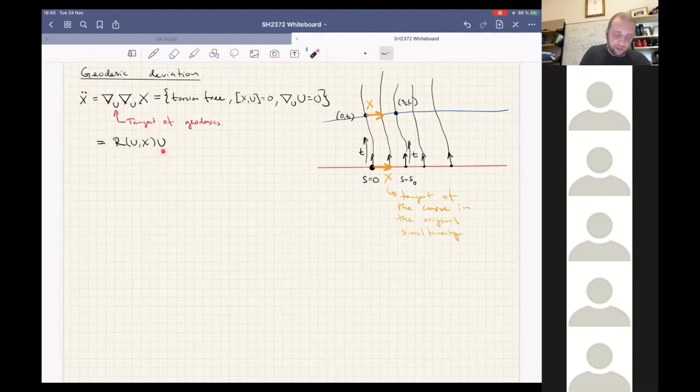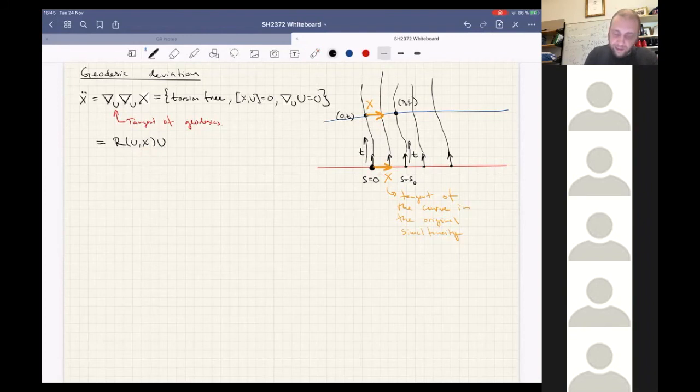And inserting these 4-velocities of the observers following these geodesics 2 times, and inserting this x, this displacement between the observers, in the second argument here.